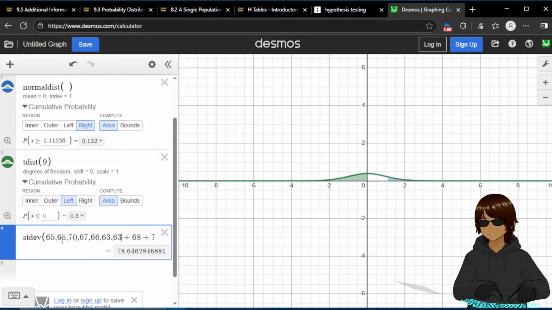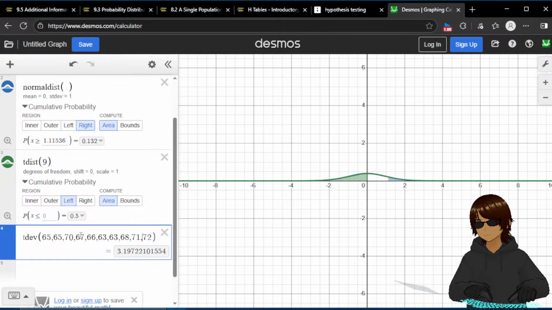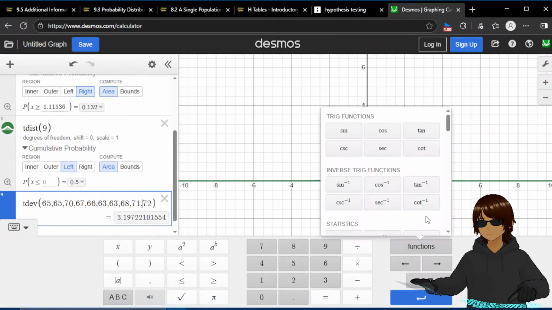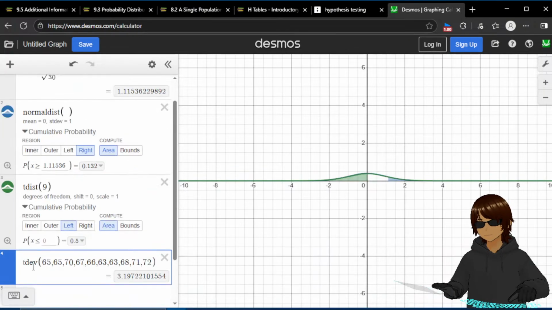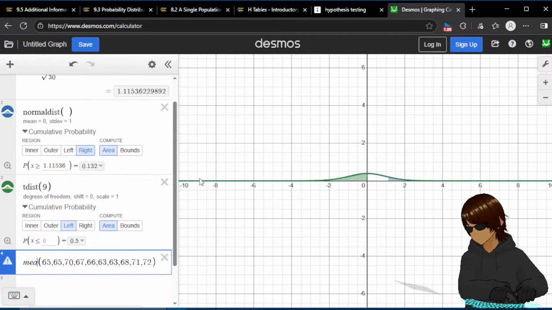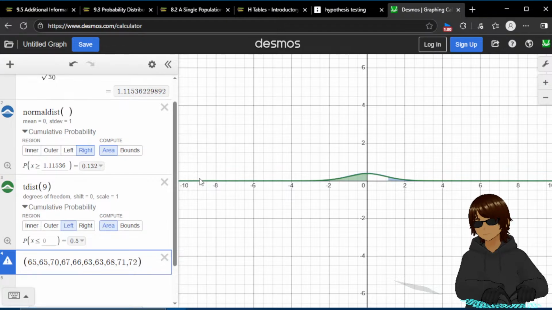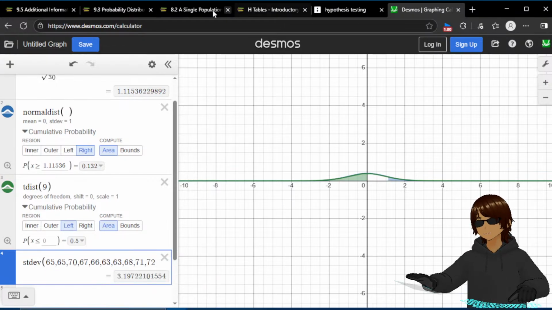I have to do this 9 times. They have standard deviation, they have mean. 3.19722.